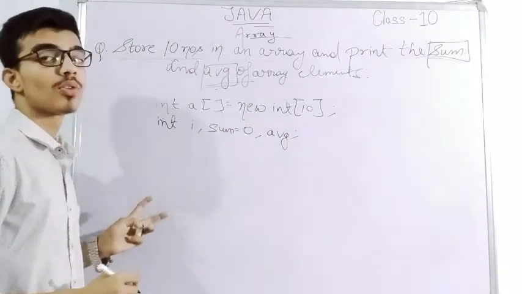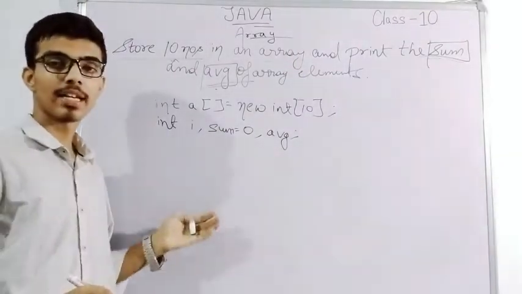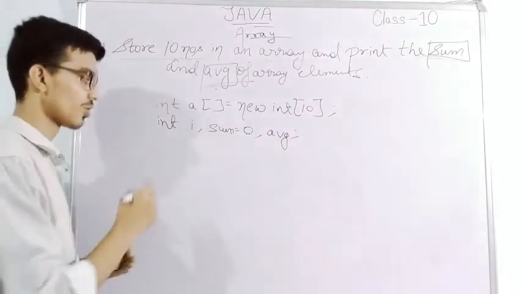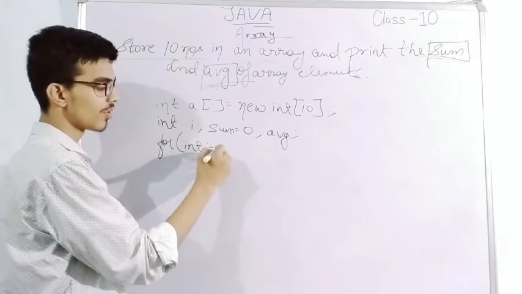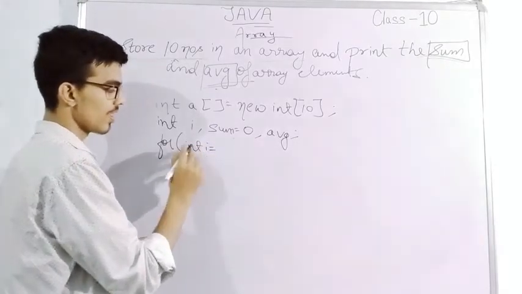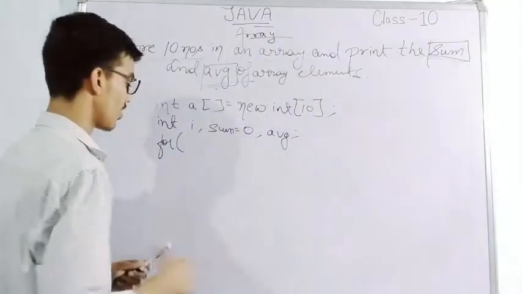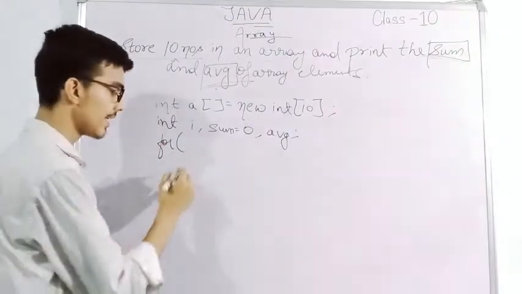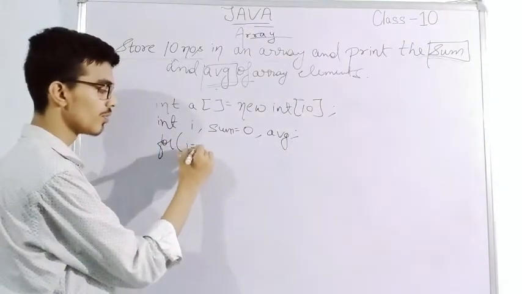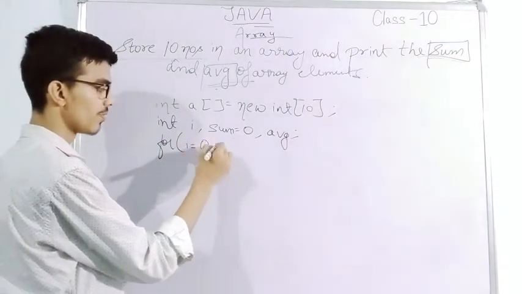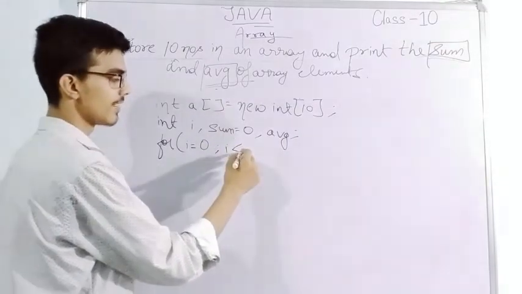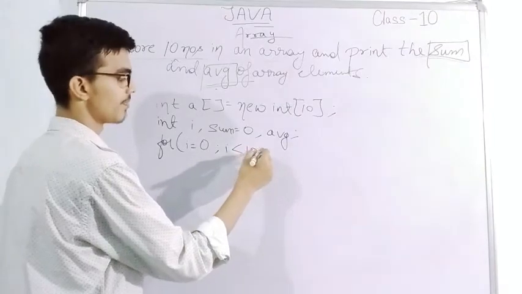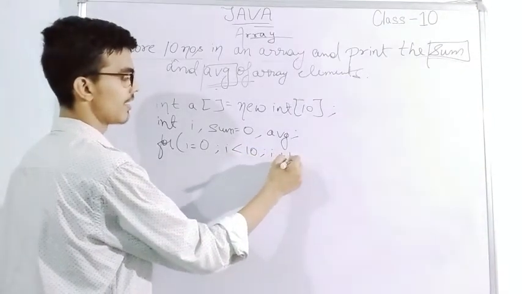After this, what will we do? First, we have to take input. So for taking input, we start a for loop: for int i = 0, i < 10, i++.